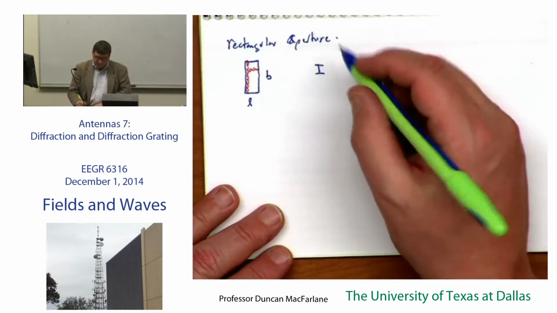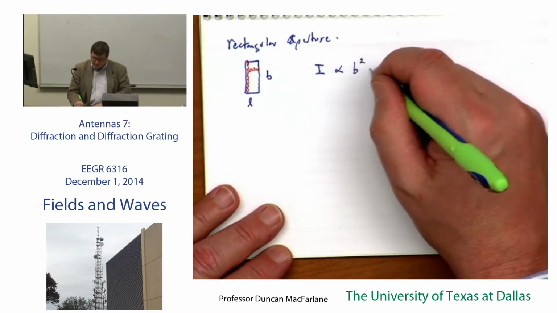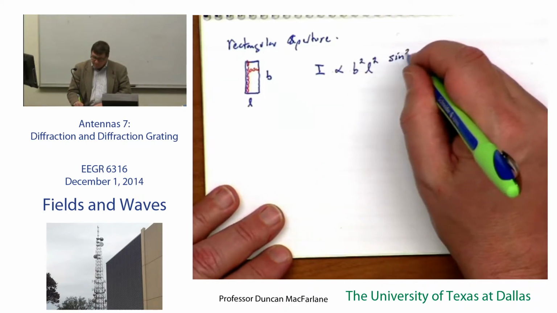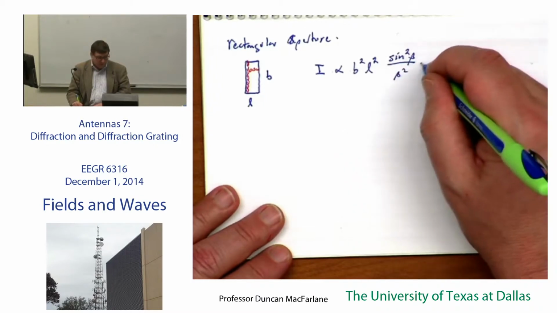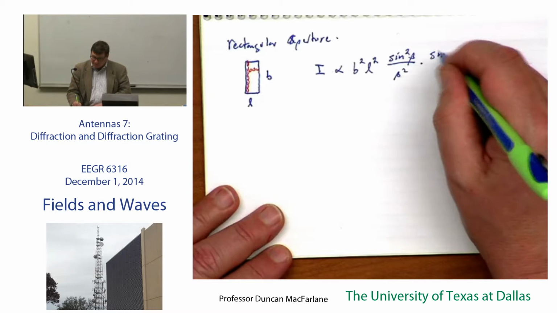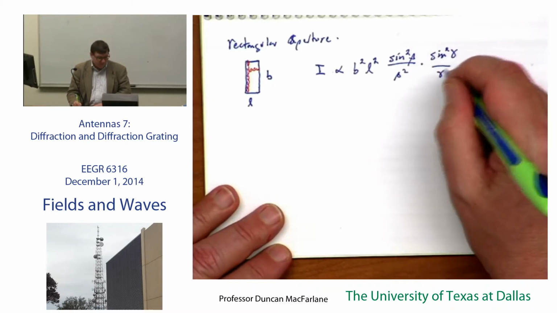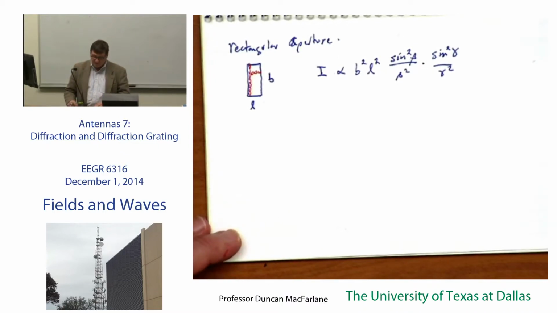And so we can write this, the intensity, as the product of B squared times L squared, my sinc function in beta, and my sinc function in my perpendicular direction that looks like that.